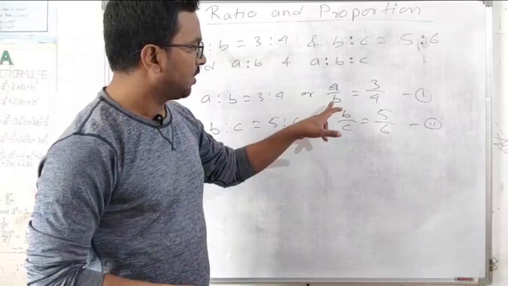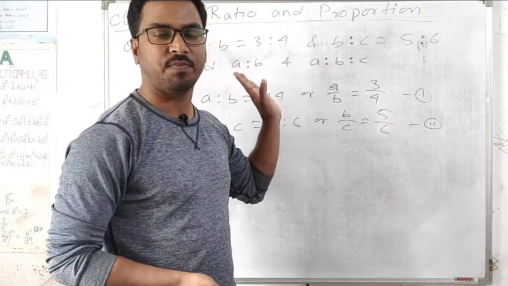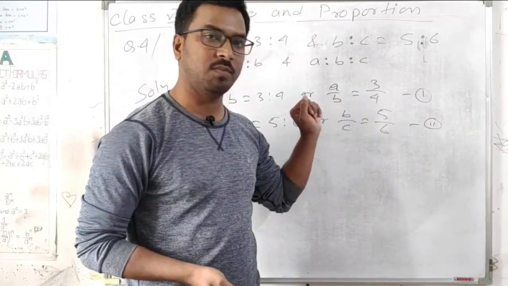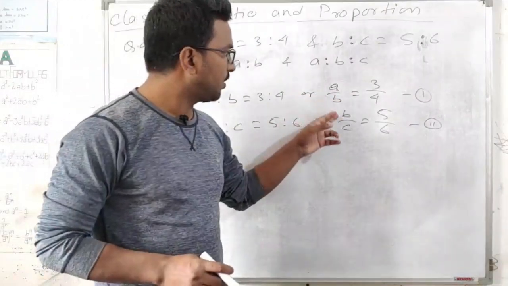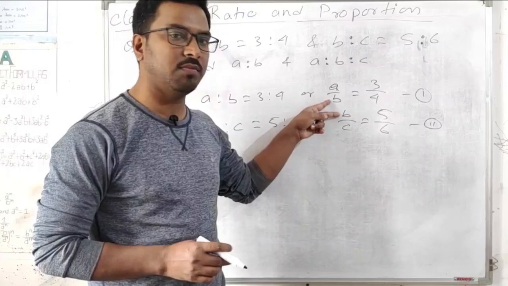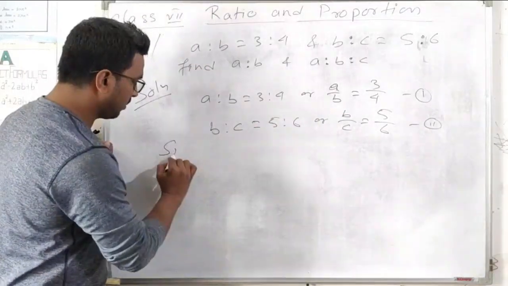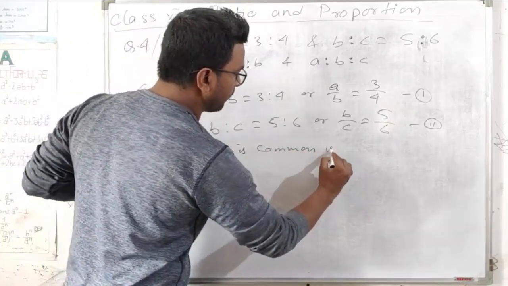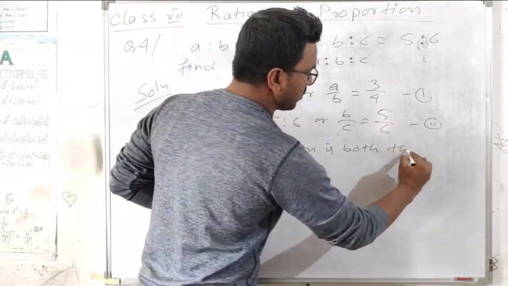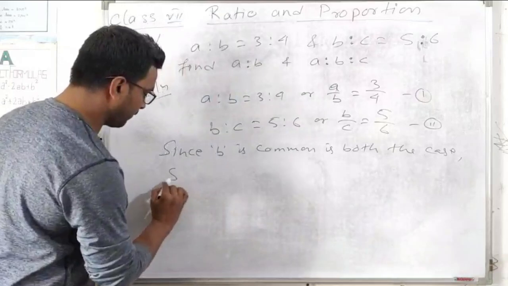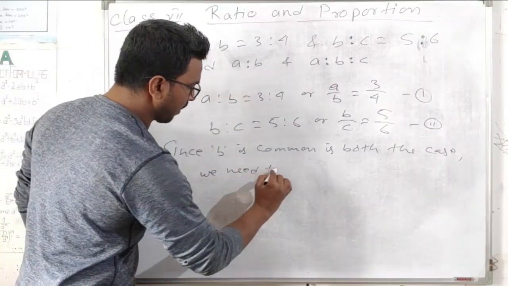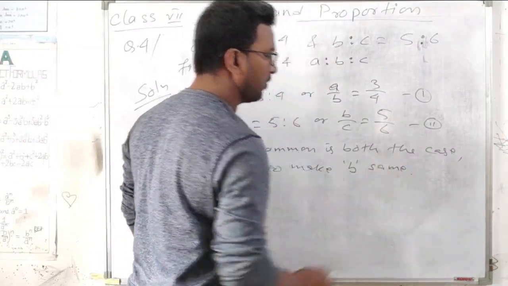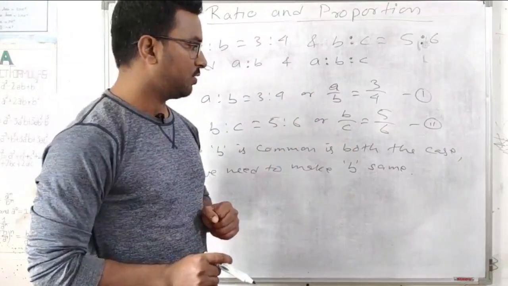Now here you see B is there in both the terms. Okay, so B is common. Here B is 4 and here B is 5. Since B is common in both cases, we have to make the value of B the same.